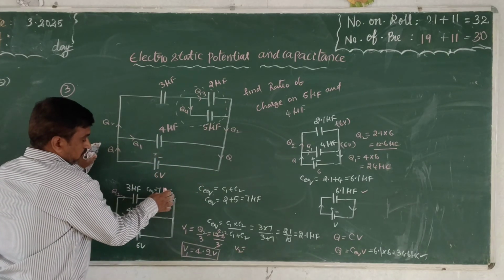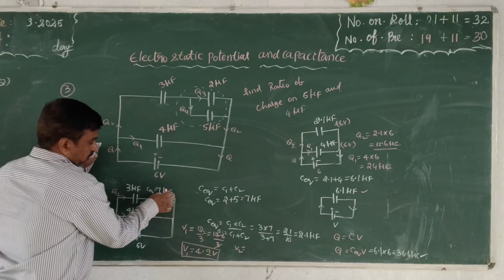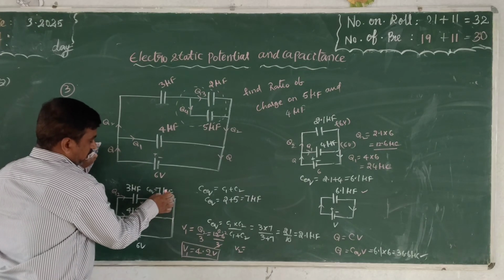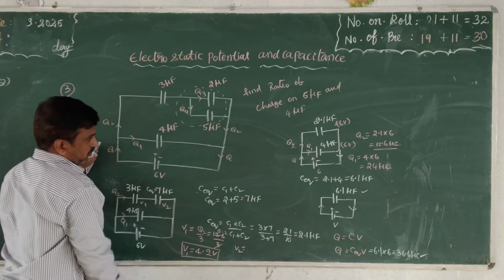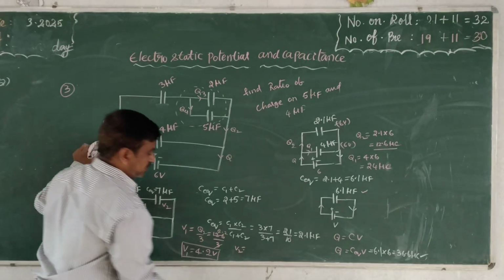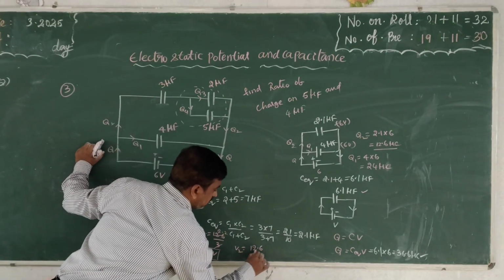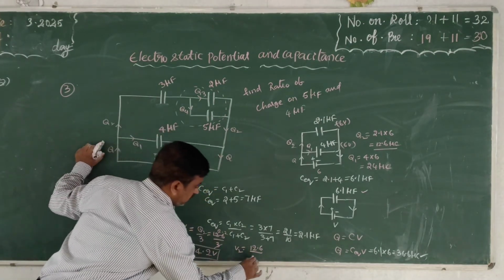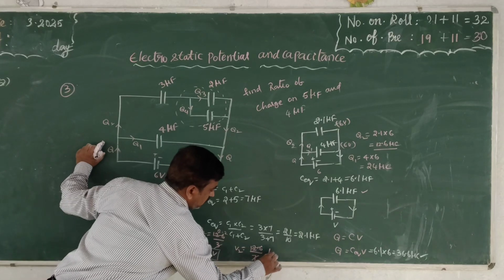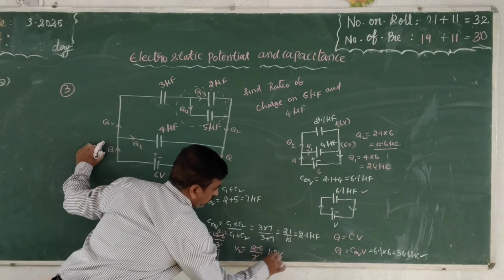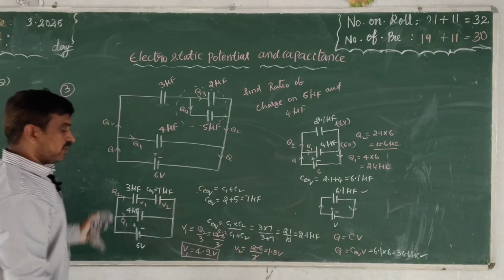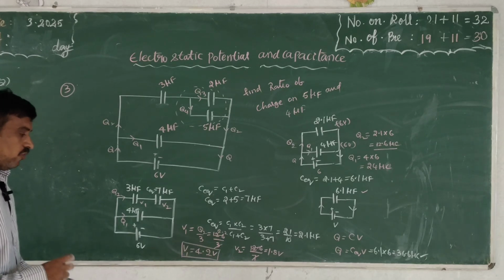So V2 means charge by capacitance. The charge is the same here and here. What is the charge? Q2, 12.6. 12.6 by capacitance, here 7. So 7 ones 7, 7 eights 56. So that means 1.8 volt. What is the potential at V2 now? 1.8 volts.